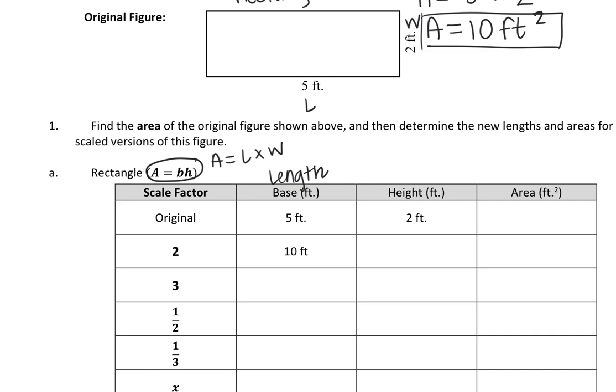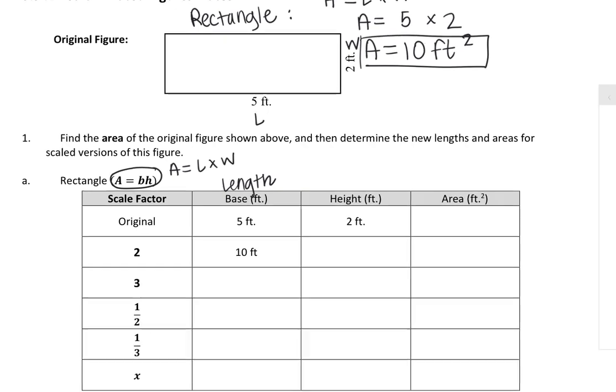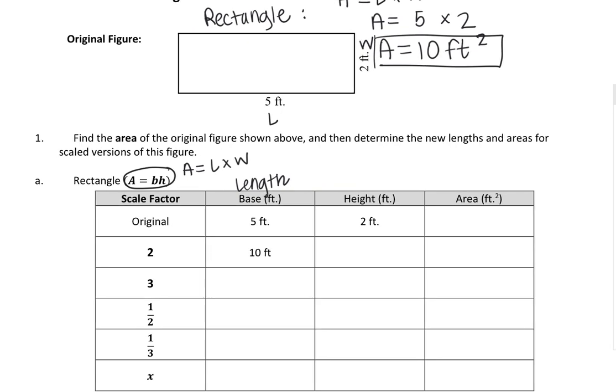Okay, so my area would be 10 feet squared, right? We just figured this out for 5 feet and 2 feet. If I look, it says base, it's same thing as length, and my height would be the same thing as my width. So let's write that down.